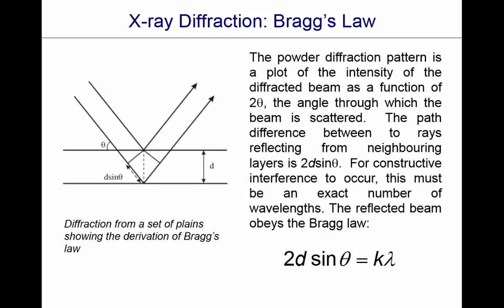If I try another beam here, like this, this also gives me nothing, because eventually they will all cancel out. Okay? That's the nature of this phenomenon which we're observing here.